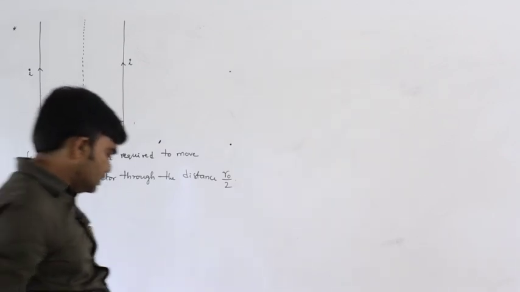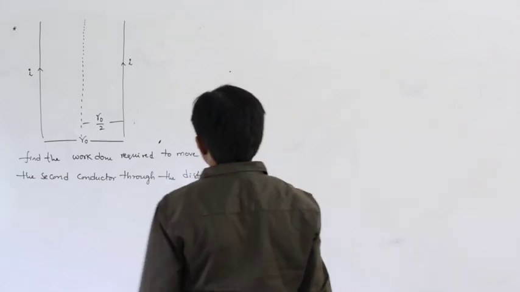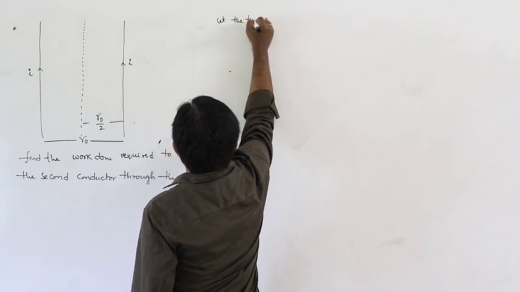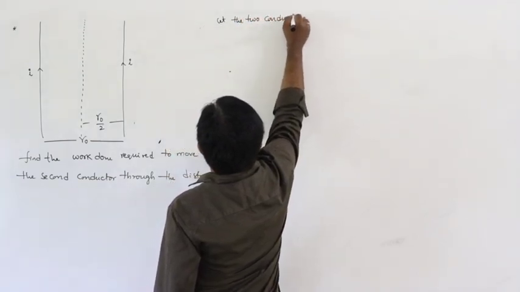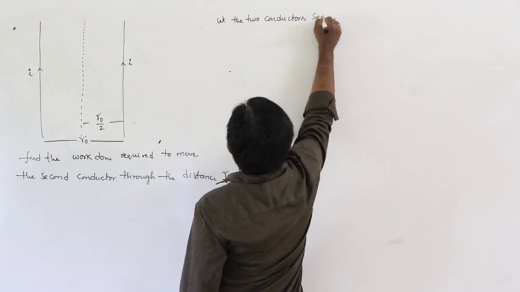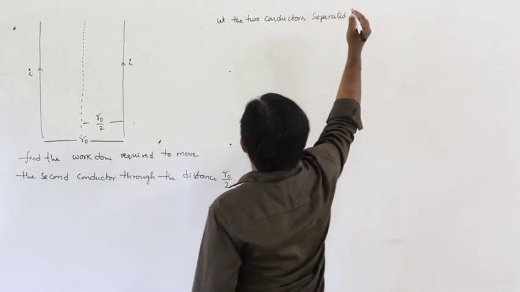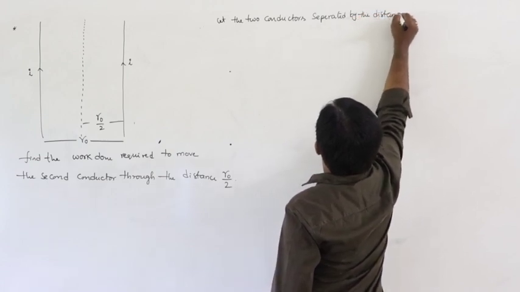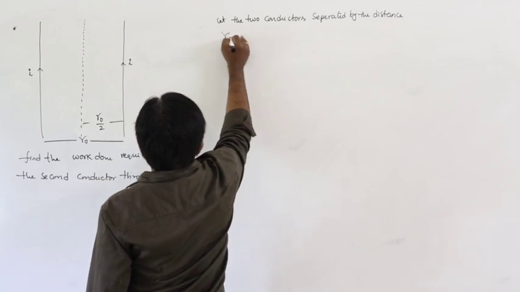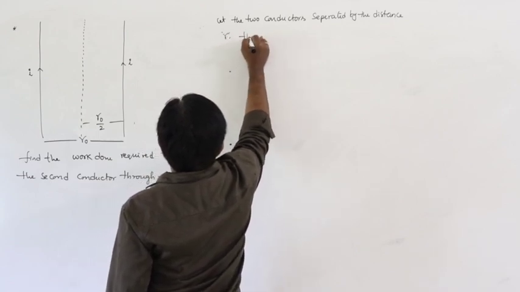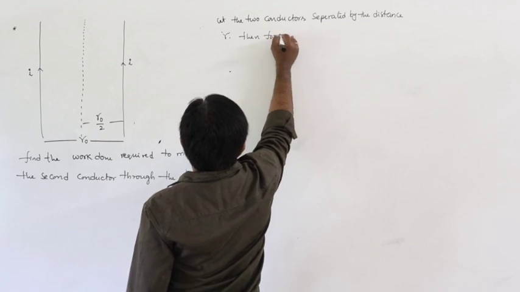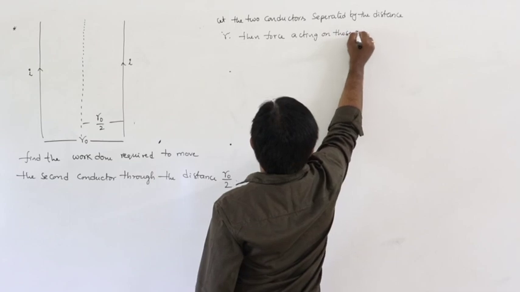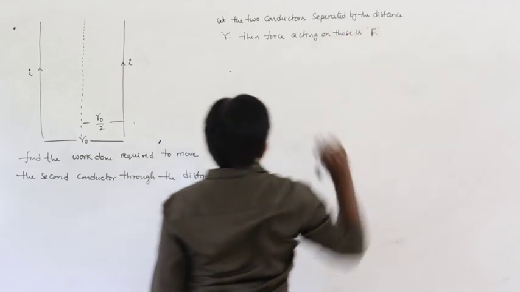That is the condition. See here, let the two conductors be separated by the distance r, then the force acting on those is F, let us say.